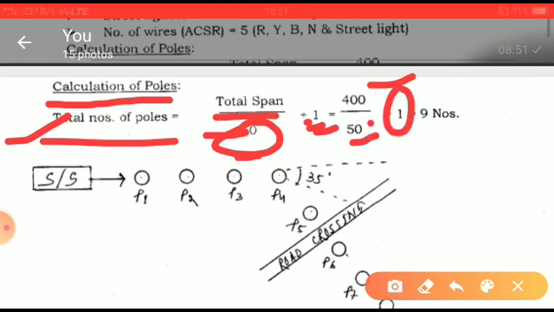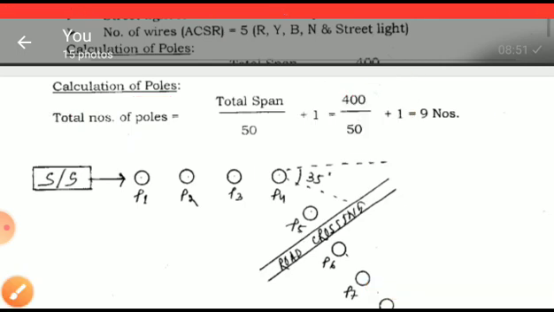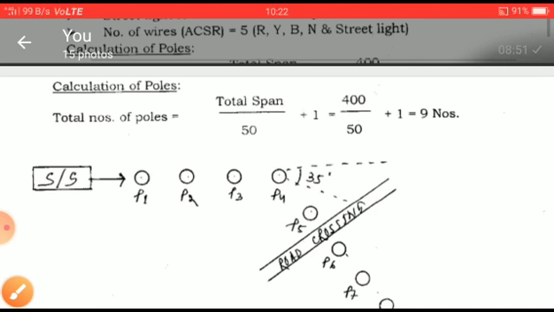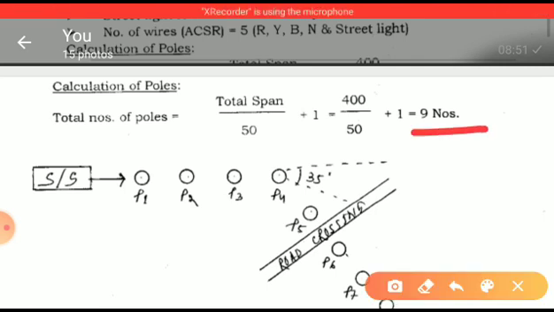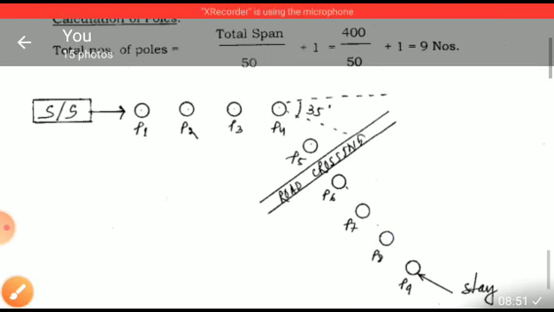So 400 by 50 is 8, and 8 plus 1 gives the number of poles as 9. The number of poles required here is 9, and we will now draw the layout.